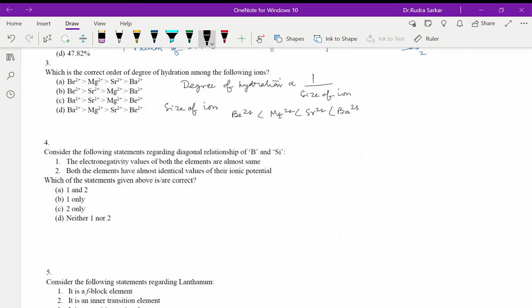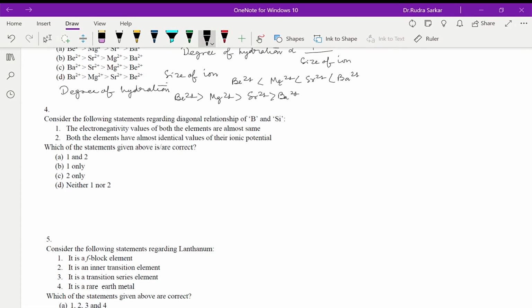So smaller the size of ion, higher will be the hydration. So degree of hydration will be reverse order, isn't it? Be2+ Mg2+ Sr2+ Ba2+.